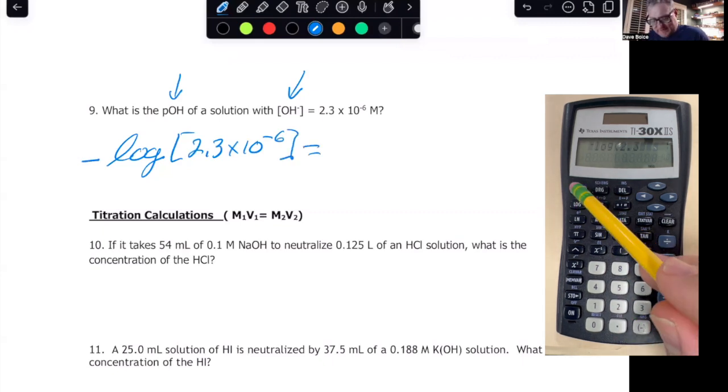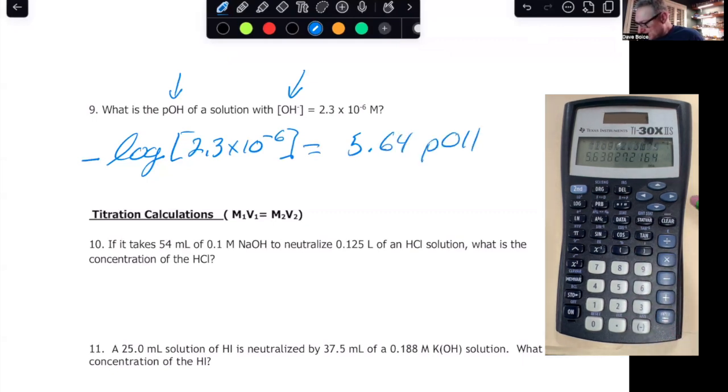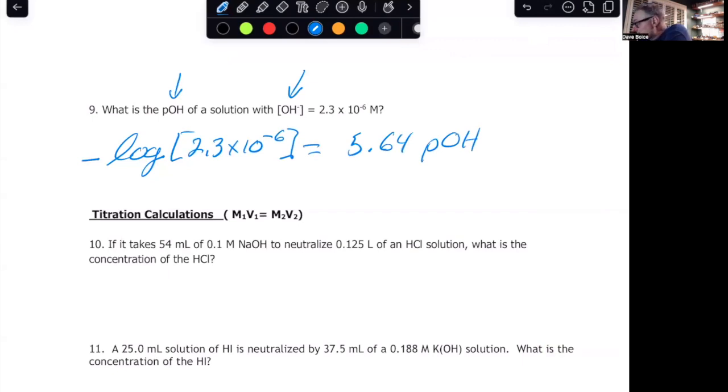In my calculator, that's going to be 5.64 for my pOH. Now, unlike stoichiometry, we're not going to do dozens of these, since we just did these recently. The important thing is to make sure you know how to do this in the calculator and you'll be just fine.